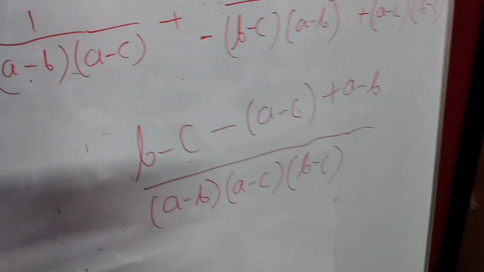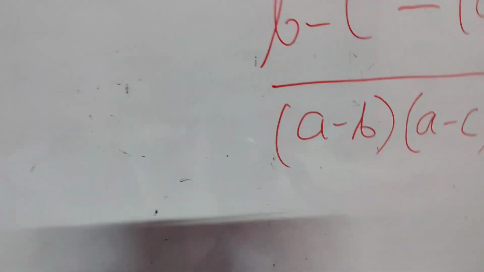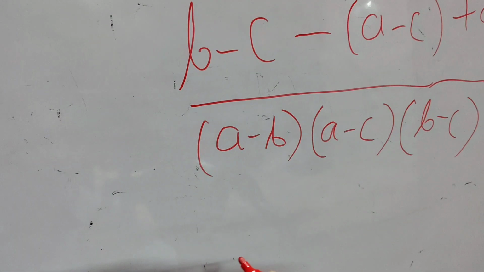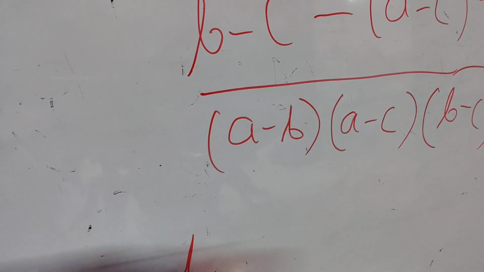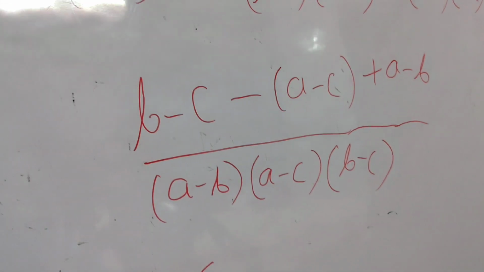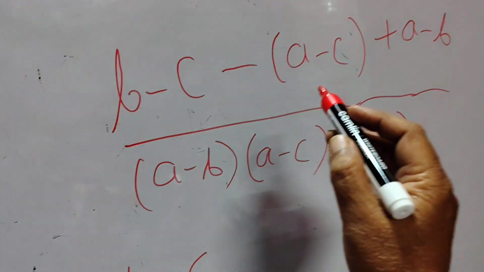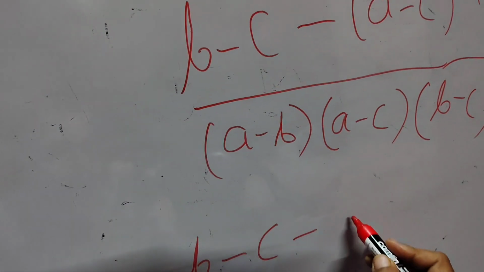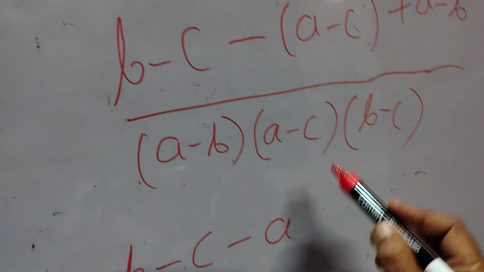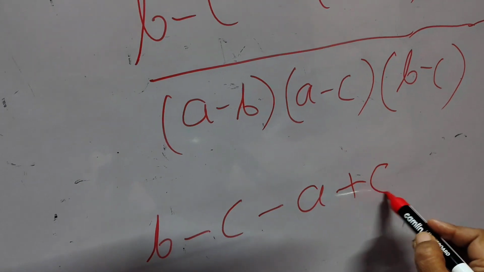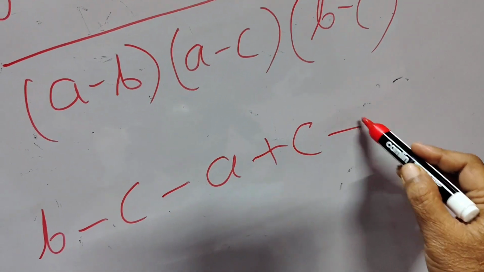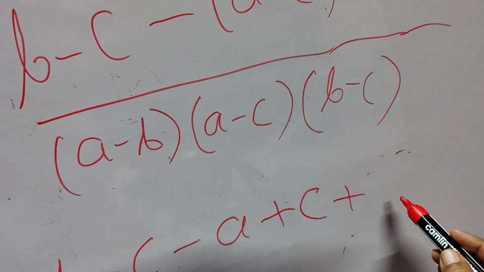So if you look at it, it's very clear. Let me write it down. This can be written as b minus c, and if I apply this minus sign, minus a and minus c will become plus c. And then again plus a minus b.